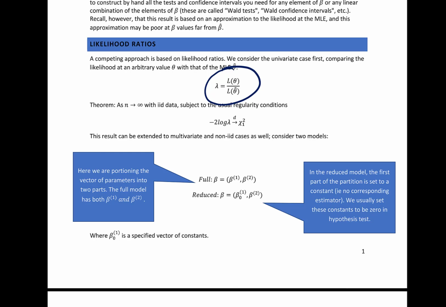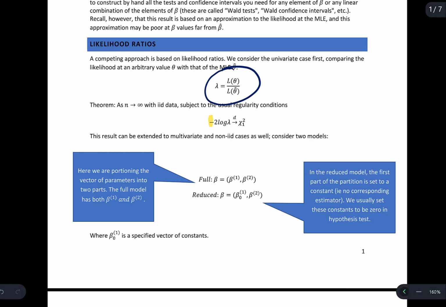If your sample size approaches infinity with IID data, subject to regularity conditions, you can show that if you take minus 2 times the log of lambda, that's going to converge in distribution to a chi-squared distribution with degrees of freedom 1.